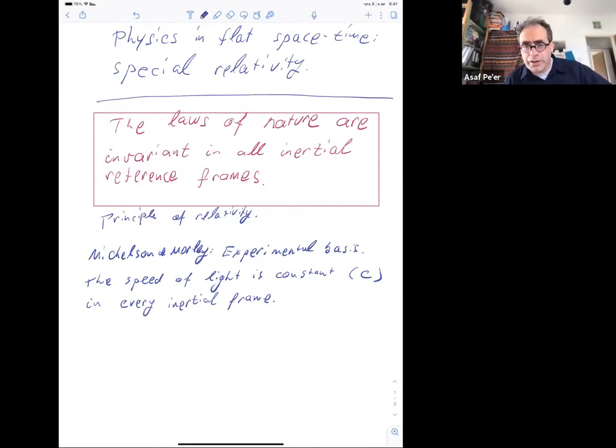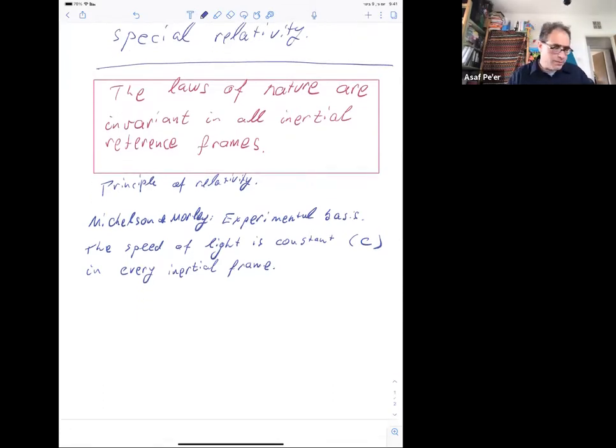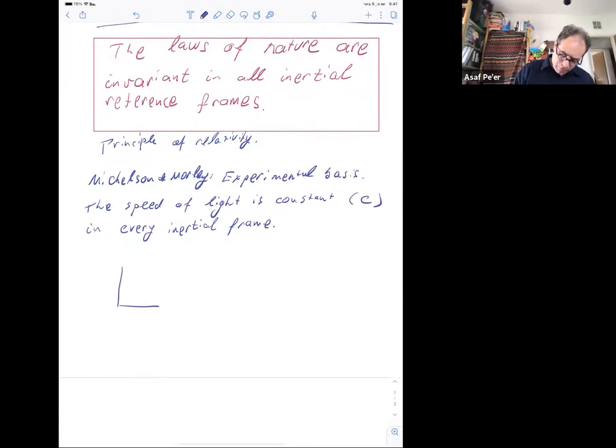This, of course, is in contradiction to the Galilean transformation, right? So we have two observers, one in reference frame O, one in reference frame O prime.